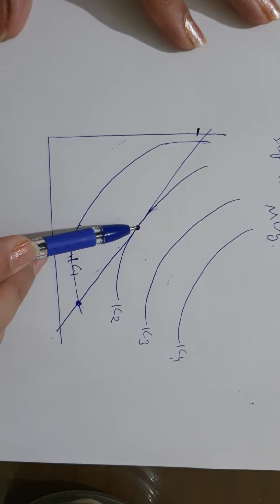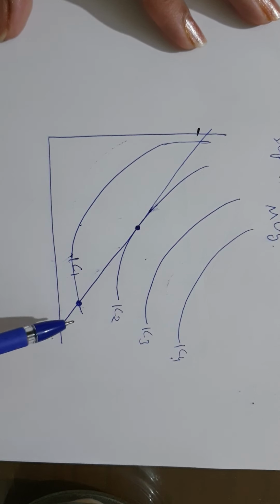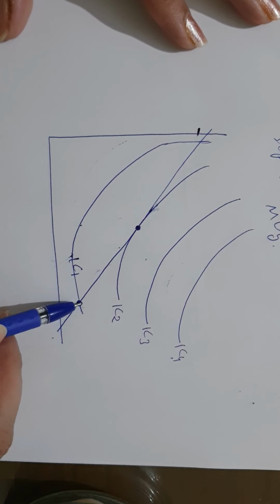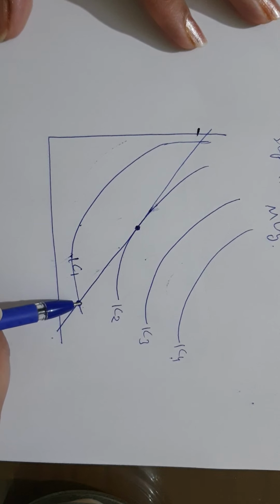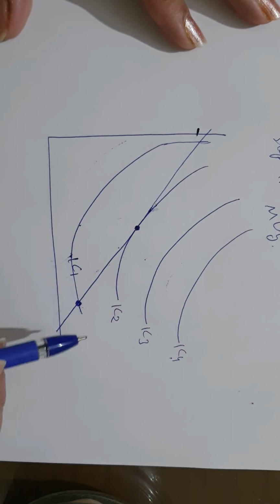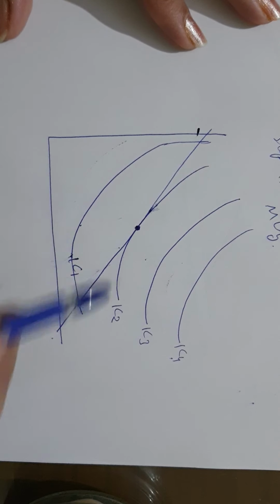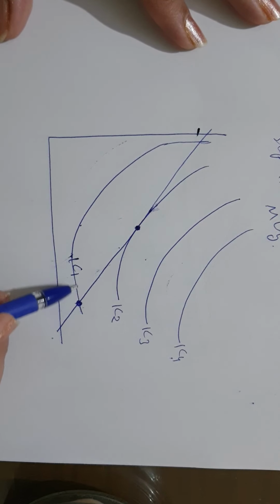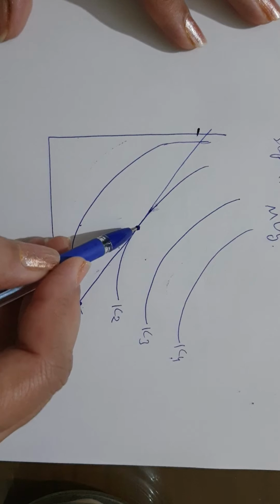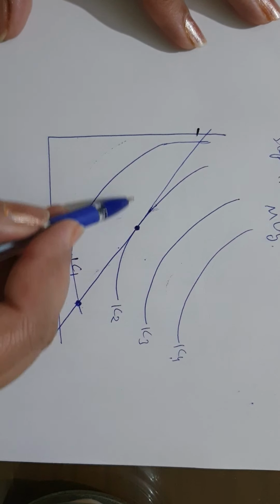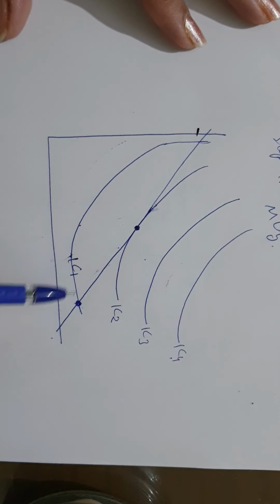He is spending total income on this point also, he is spending total income on this point also. By spending his total income, he is getting some combination of x and y on this point, and same here, on this point also some combination of x and y he is purchasing on both points. So his total expenditure is equal.